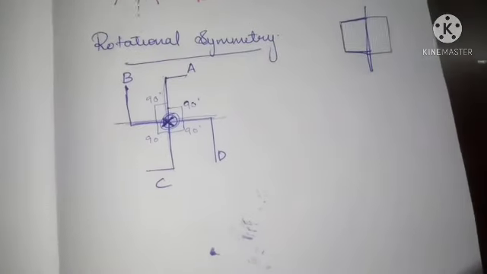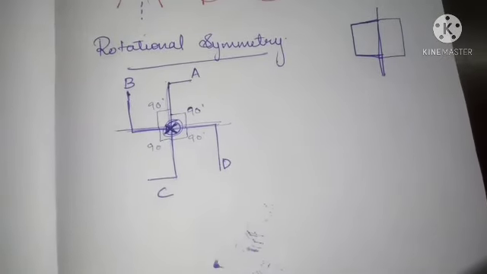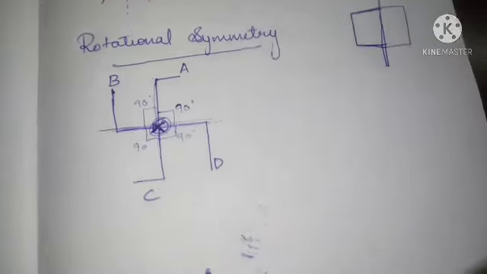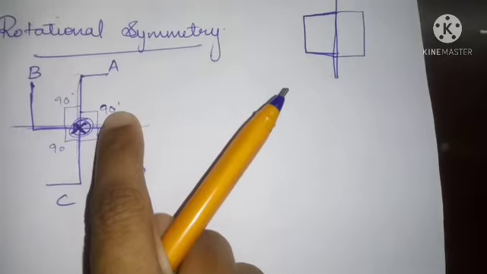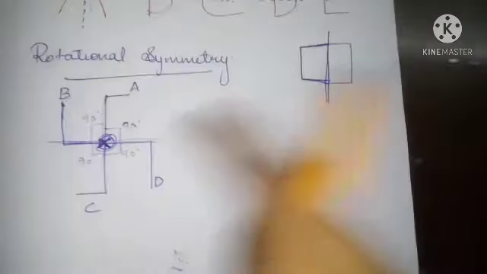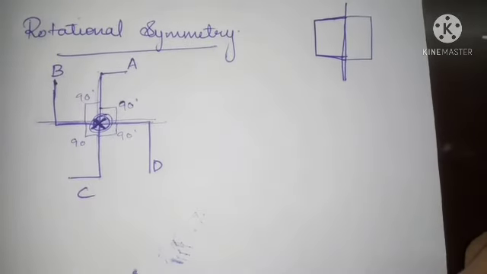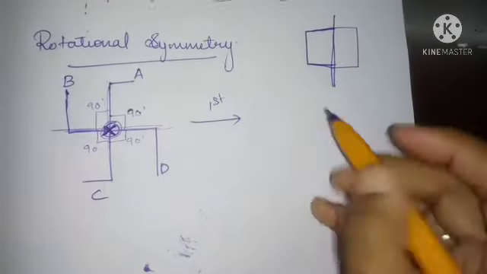How many times you turn and regain your own position, that number of times is called the order of rotation. See, center of rotation, angle, the degree in which you are rotating, that is the angle of rotation. How many times you rotate to regain the original position, that is called the order of rotation.